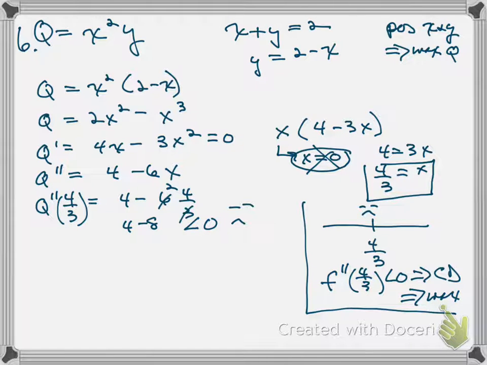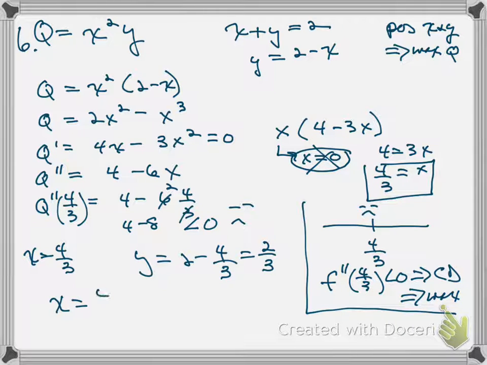Okay, so they really only want your x and y. So if my x is 4/3, then my y equals 2 minus 4/3, which is going to be, what, 2/3. So I have the following values, following solution, and I am done.